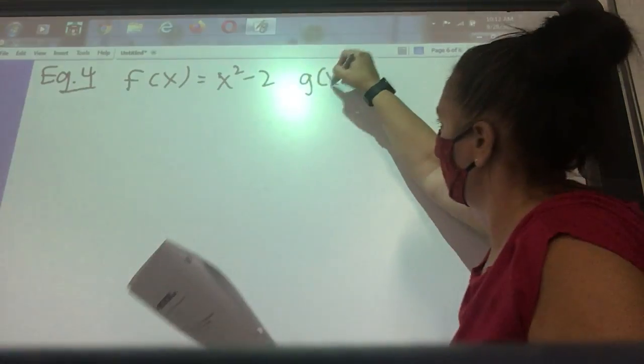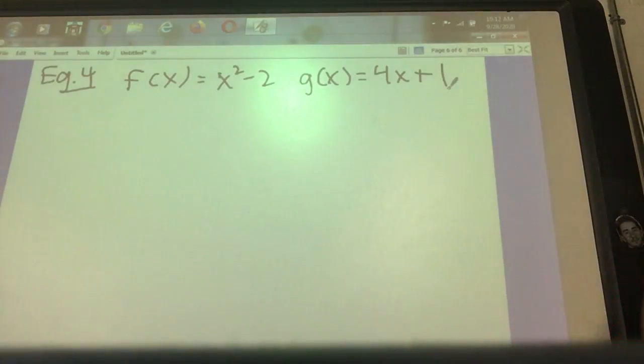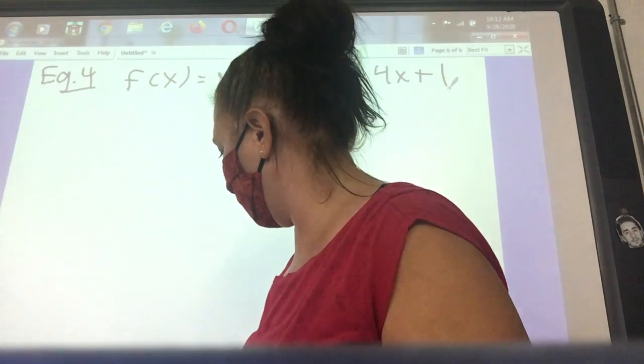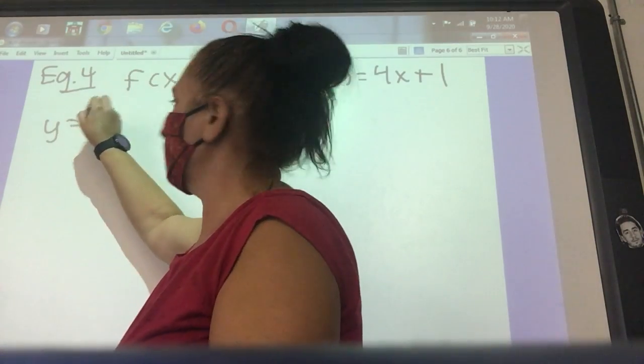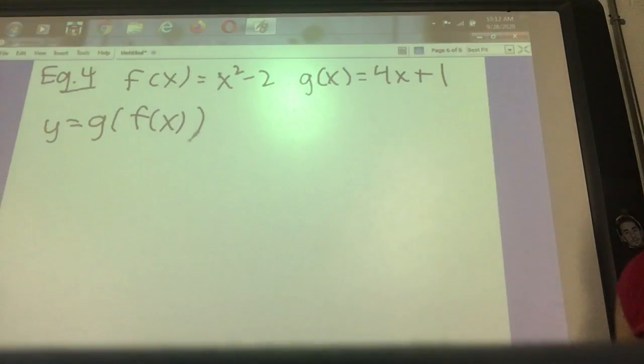Good, and the g function, Owen, is given. Okay. So they can give you 2 equations, and they ask you to graph the composite y equals g of f of x. So sometimes you have to get the equation first and then graph the equation that you've had.